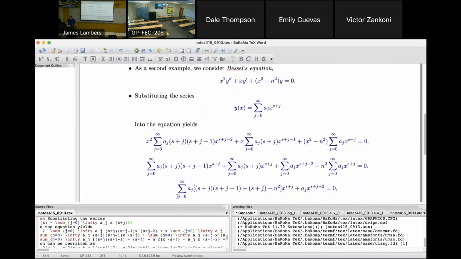So I'm going to group this into one. But this is still not in the form I need yet that will help me solve for the a_j. There's still a little more work to do.